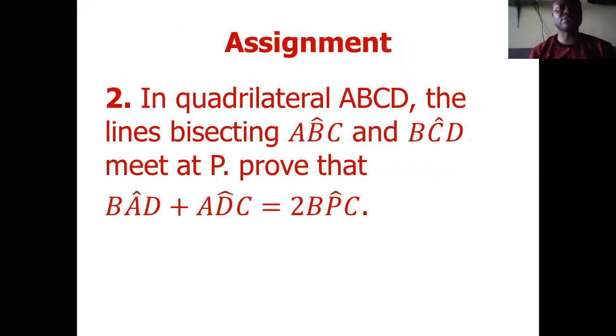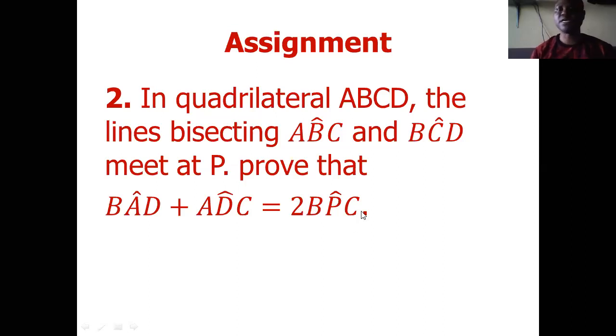And then question 2, in quadrilateral ABCD, the lines bisecting angle ABC and BCD meet at P. Prove that angle BAD plus ADC is equal to 2BPC.